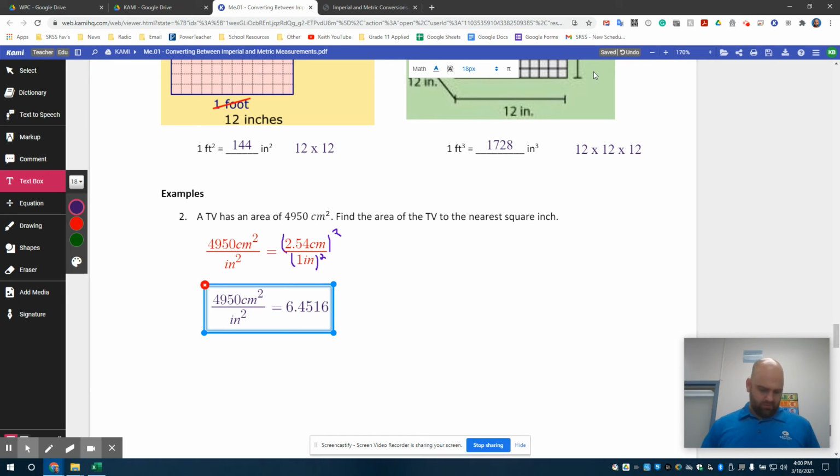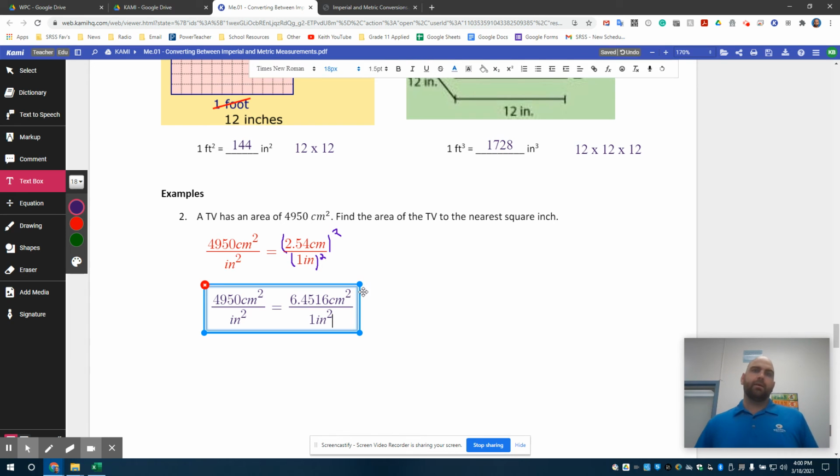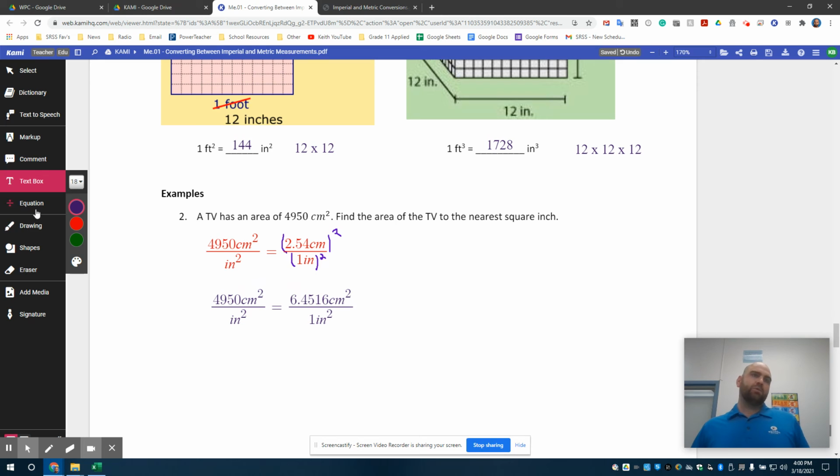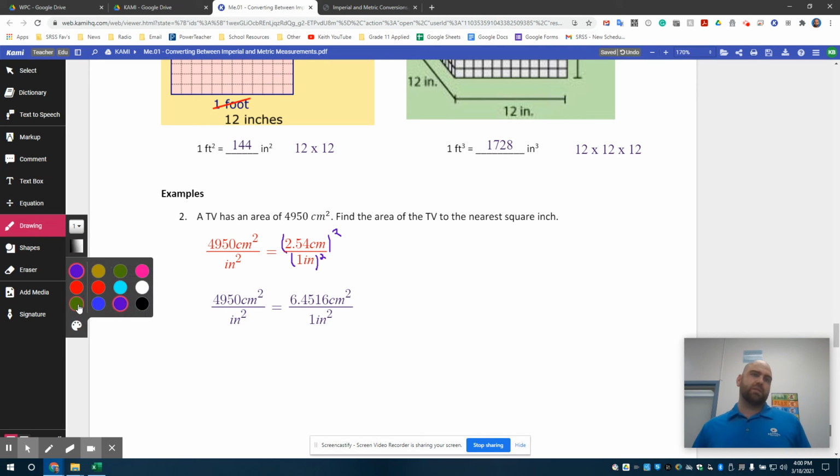6.4516 centimeters squared over 1 inch squared. Now the inch doesn't change because 1 times 1 is still just 1. Now you'll notice we have the same units. Same units is extremely important when it comes to this because we can only convert if we have similar units, and now we can do our cross multiply and divide.